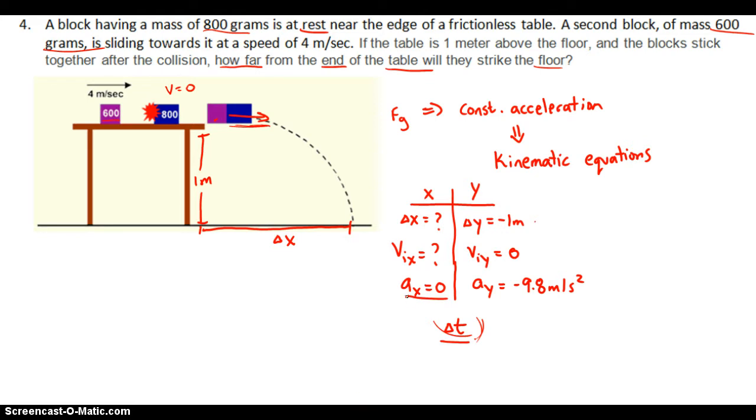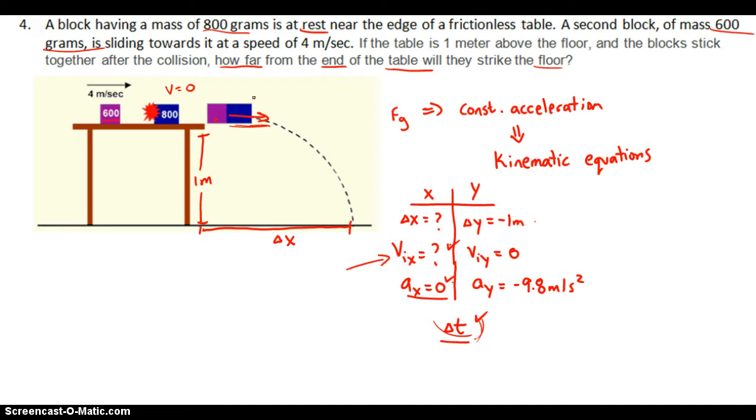Well, we're going to need a third piece of information to find what delta x is. And that third piece of information, let's try to find the initial velocity in the x direction. Once we have all 3 of these, then we can solve for our delta x. So the first key is we got to figure out what this initial velocity in the x direction is.